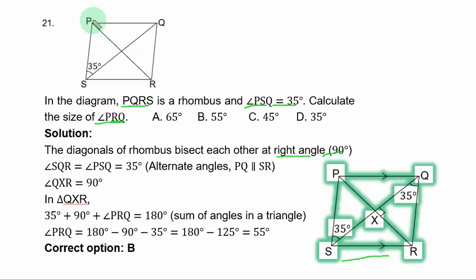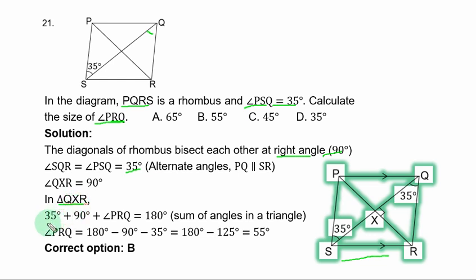You should see that PQ is parallel to SR. For that, this angle here is 35 degrees. That is angle SRQ equal to angle PSQ equal to 35 degrees. That is alternate angles. So we now consider triangle QSR.